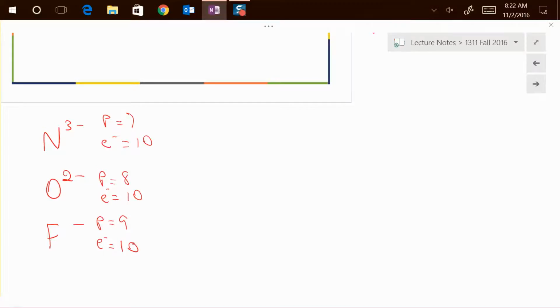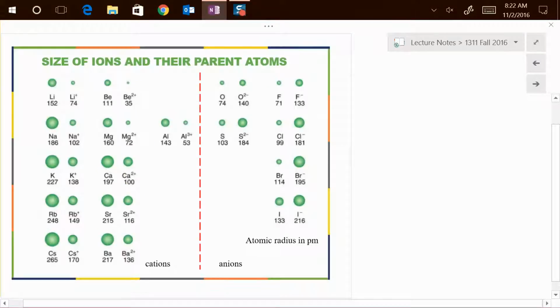Okay? So we can see that happening here. Fluorine started at 71 picometers, and when it became F minus, it jumped up to 133 picometers. Oxygen started at 74 picometers, and when it became an O2 minus ion, it went to 140 picometers, which is bigger than F minus, which is 133 picometers.